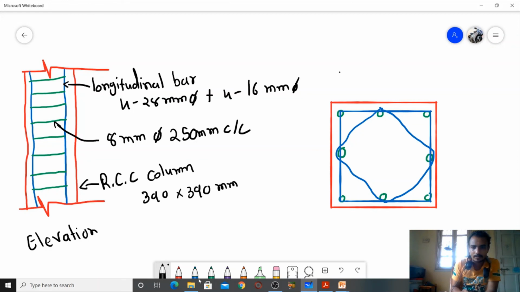Our width is 390 mm, depth is also 390 mm.